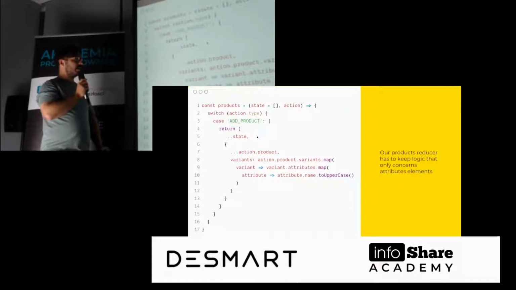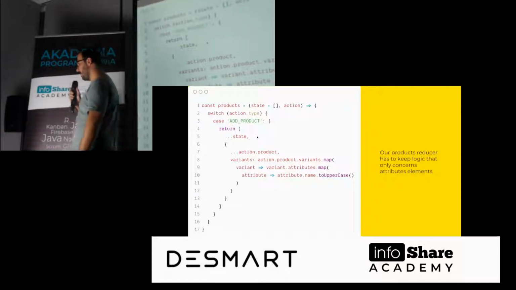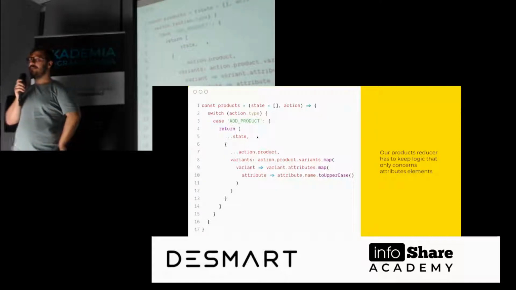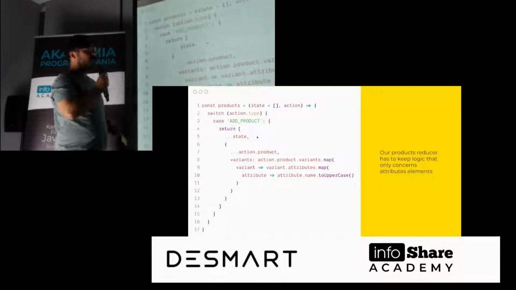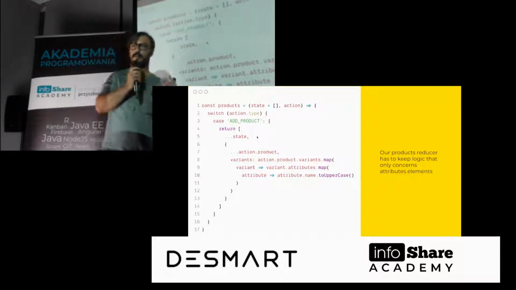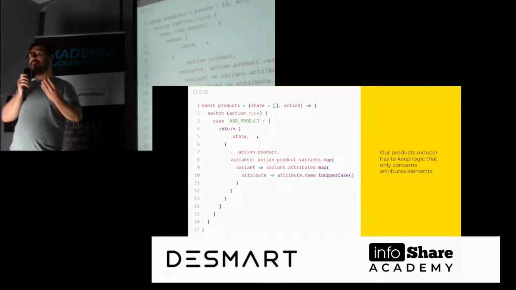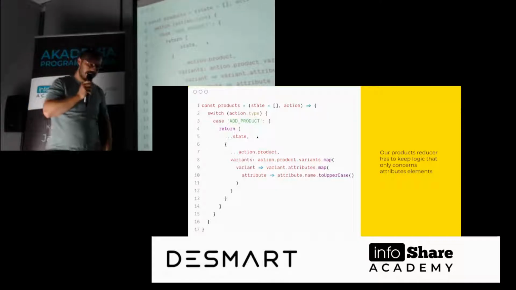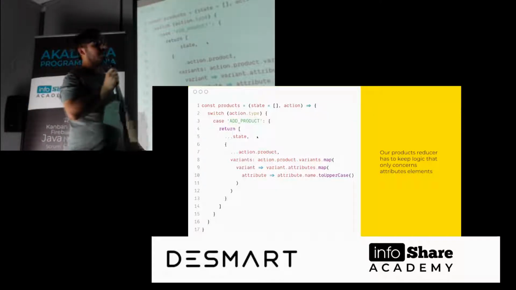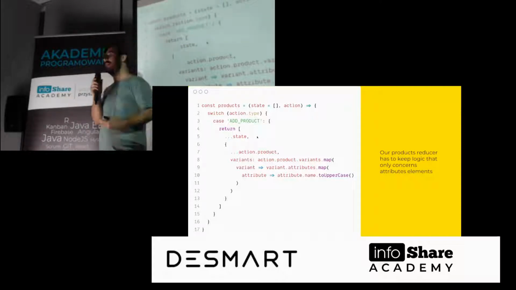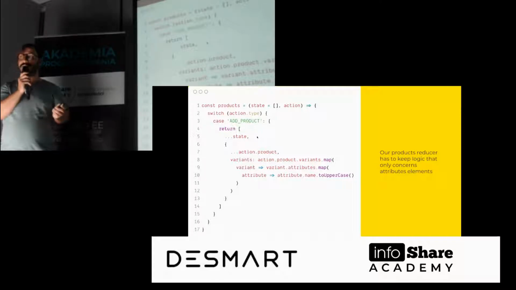It doesn't look that scary, but that's a really simple case, and probably you could do it with reduce, not with two maps. But it's still bad, and it has a bad influence on our architecture, because now the product's reducer has to keep logic that only concerns the attributes entity. The entity is a really important word here.